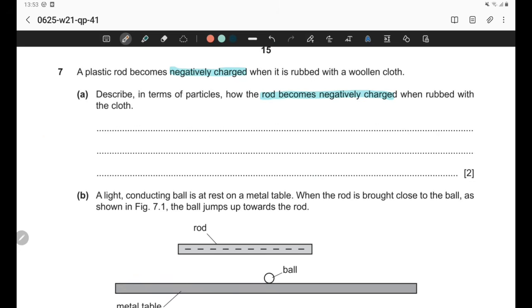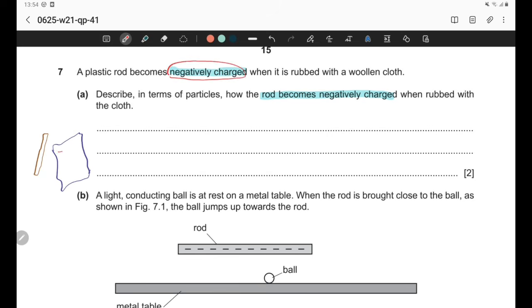So here we have a plastic rod and a cloth. It's mentioned that when the plastic rod is rubbed with the woolen cloth, the plastic rod becomes negatively charged.